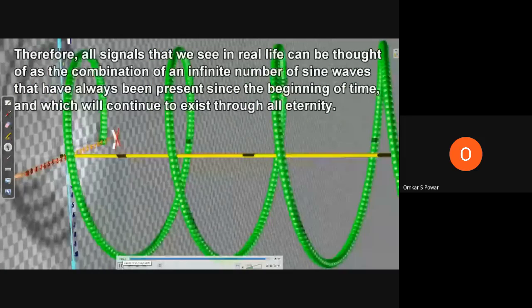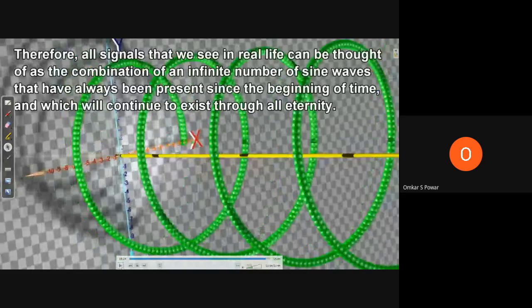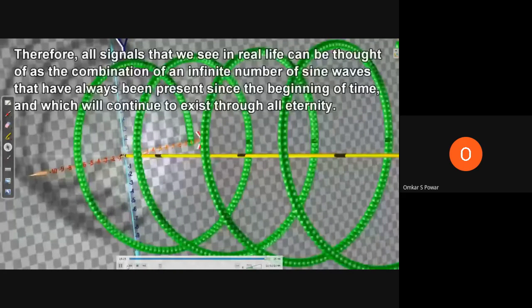So this is the major point which you have to see. All signals we see in real life can be thought of as a combination of an infinite number of sine waves that have always been present since the beginning of time, and which will continue to exist throughout all eternity. So that is why we need this Fourier series or Fourier transform.